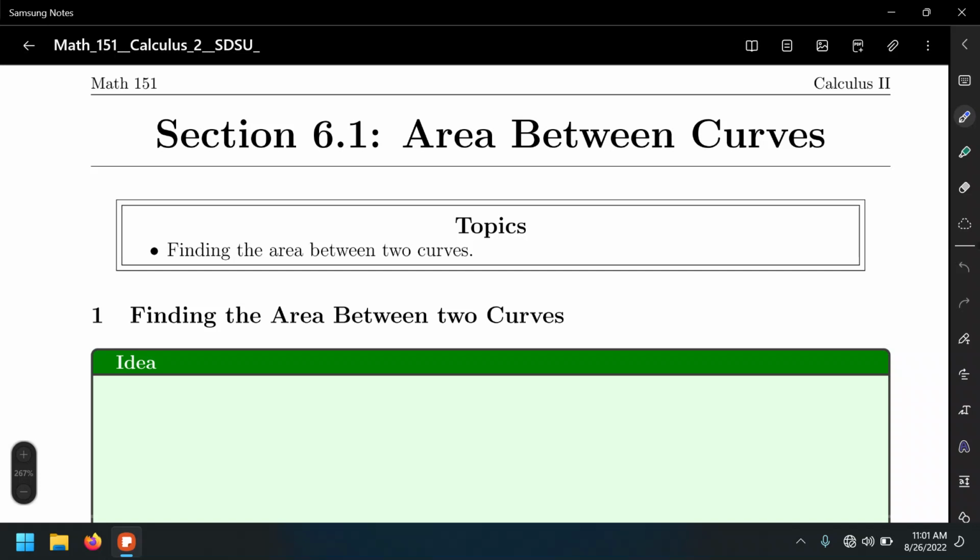What we did in Calc 1 is, given a function and its area under the curve, partition it into a number of rectangles and add the area of those rectangles to find just an approximate area, not the actual area.